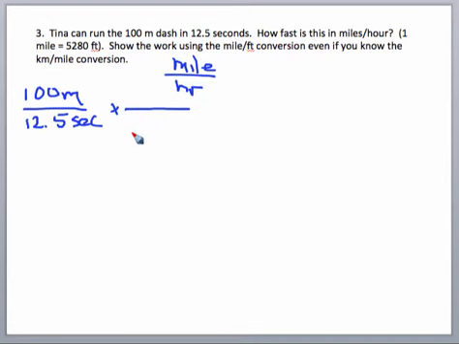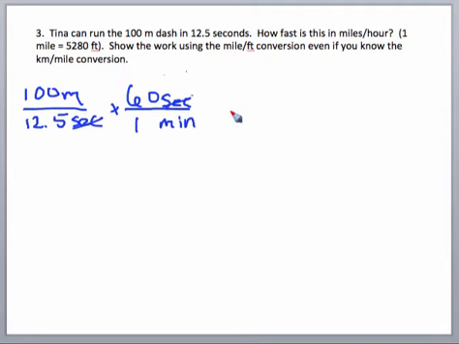So we'll draw our first conversion factor. We're trying to convert seconds, so we're going to put that in the denominator. And let me get rid of this just to not confuse things. There we go. Then we want to convert from seconds to hours. If you know the conversion from seconds to hours, it's 3600, but let's just say you know that there are 60 seconds in 1 minute.